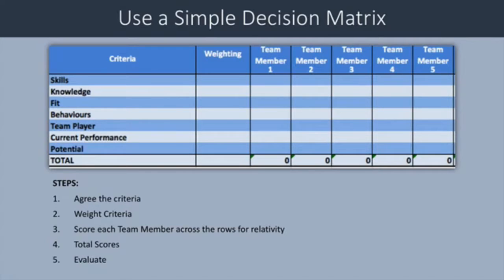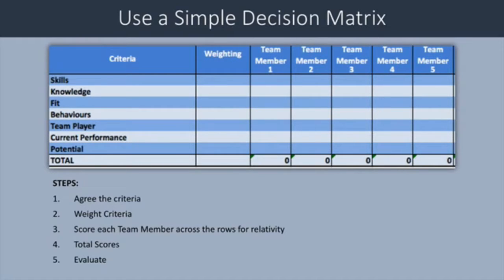right. And then we just use a simple decision matrix, and the steps with the decision matrix are: agree your criteria, so brainstorm and agree your criteria, and then do your weighting. Normally I do that weighting out of 100. So what you need to do there is add it all up.